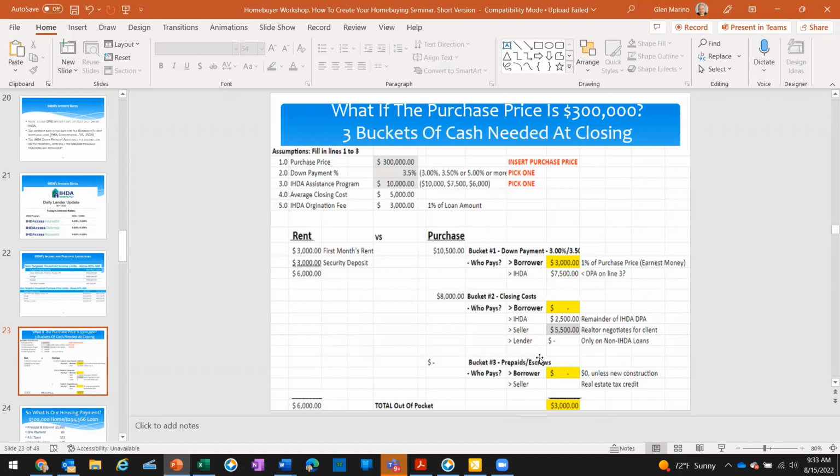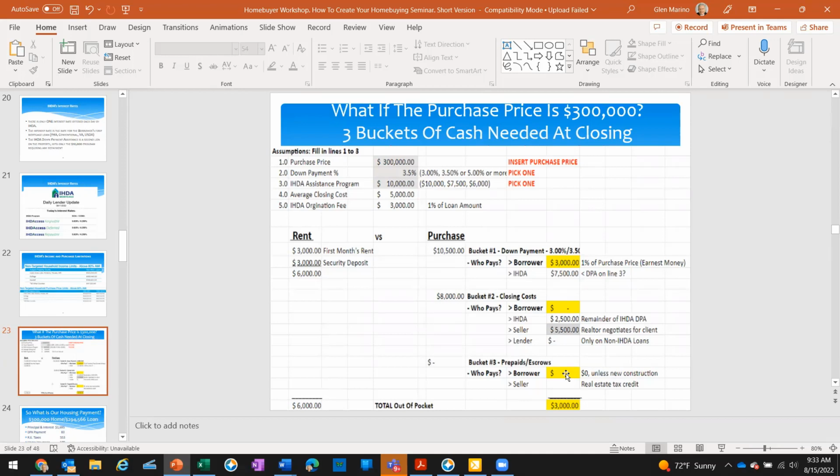The credit, for everybody to walk away from today, is always, always greater than what the lender will require you to put up in real estate tax escrow or homeowners insurance escrow. So if the credit is greater than what needs to be set up, bucket number 3 is a big 0.